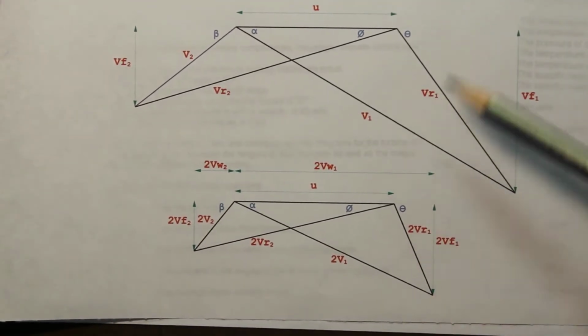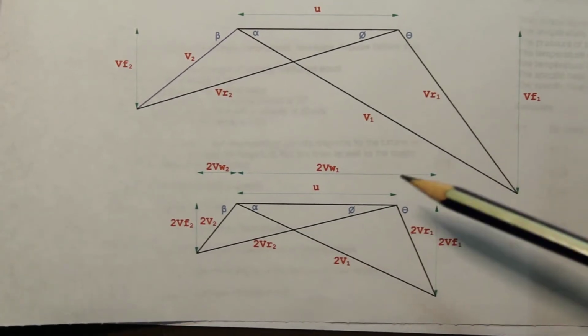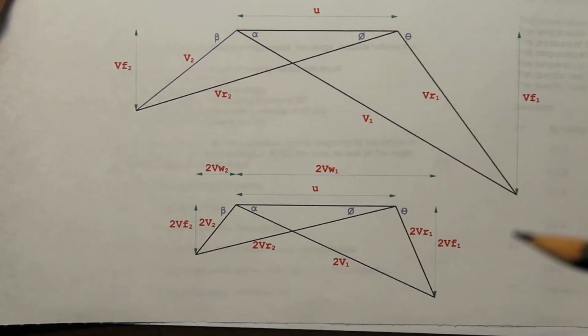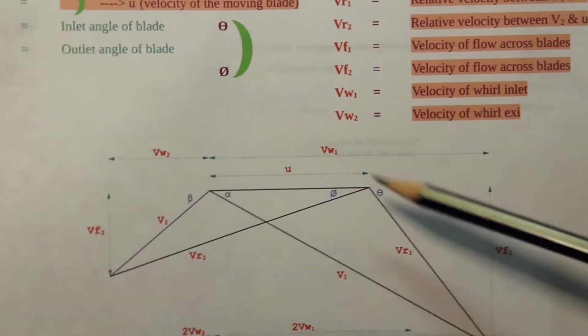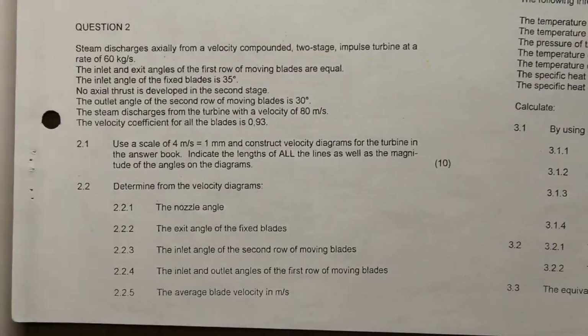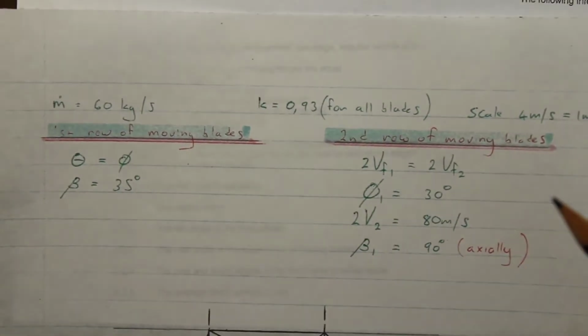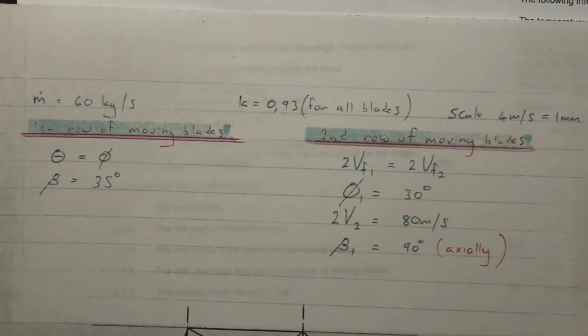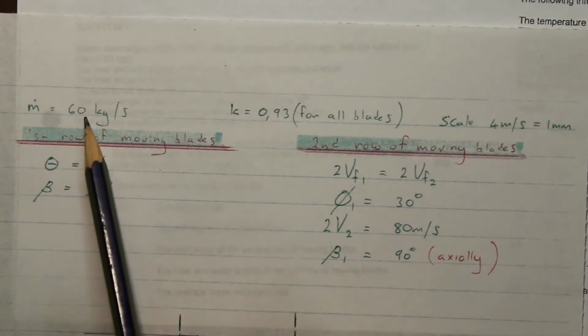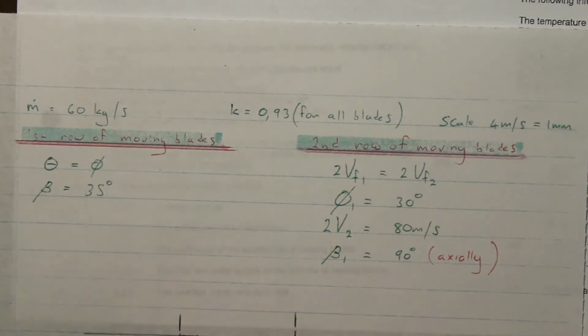All right. Once you know more or less what it'll look like and where all the velocities and angles are, then you can start taking the information from the question and putting it on a rough diagram. So what I like to do, before I begin, is write down the information that they've given us. They gave us the mass flow rate of 60 kilograms per second.